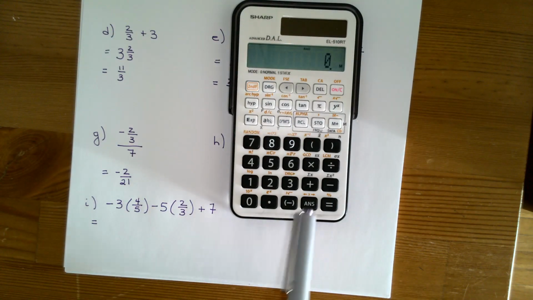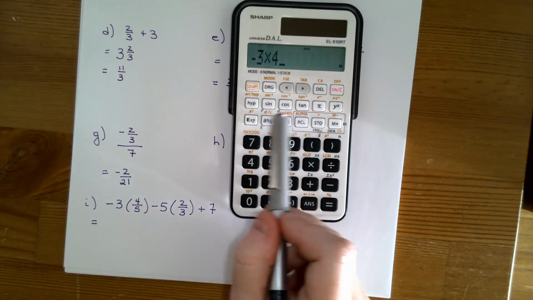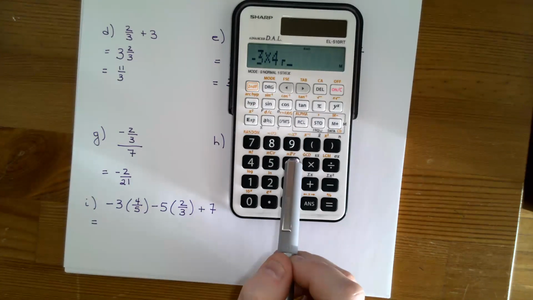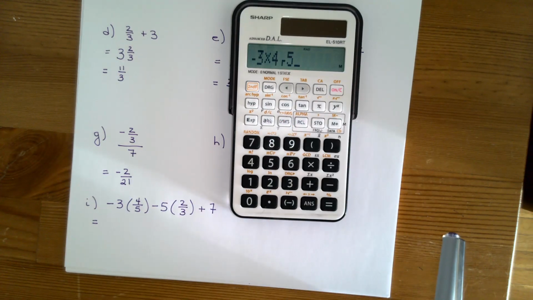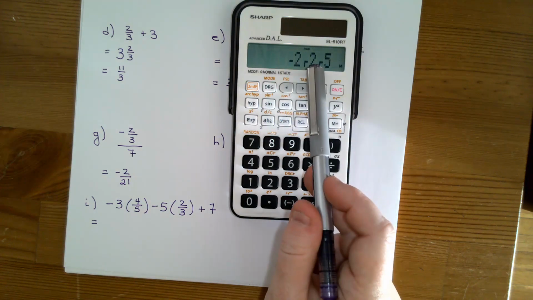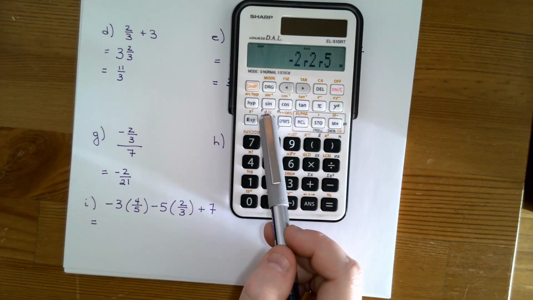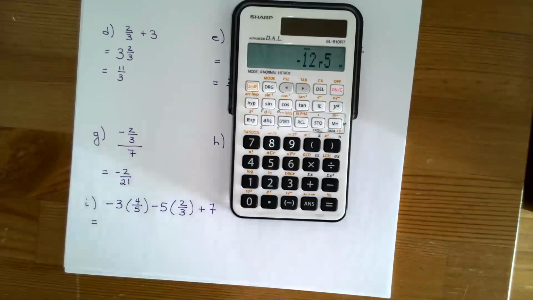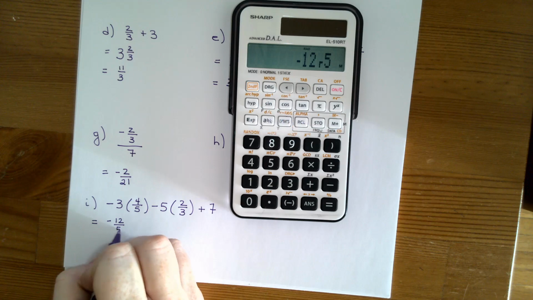Okay, so I've got -3 times 4, the fraction, whoops, let me delete that, 5. So -3 times 4/5 equals, and I get -2 and 2/5.